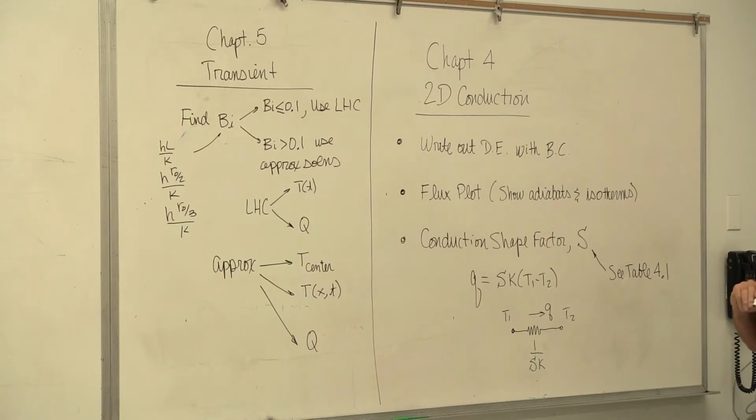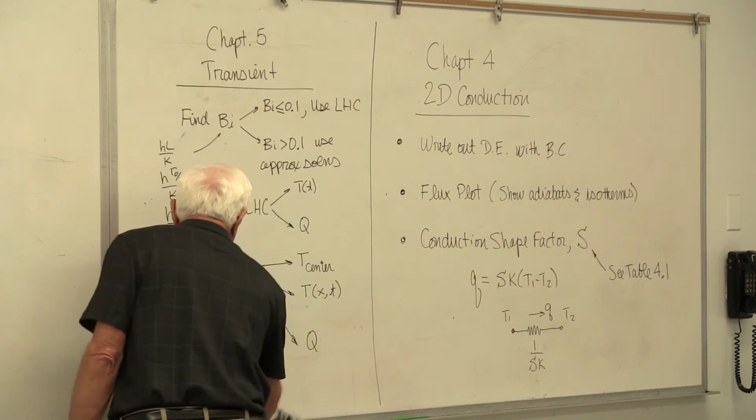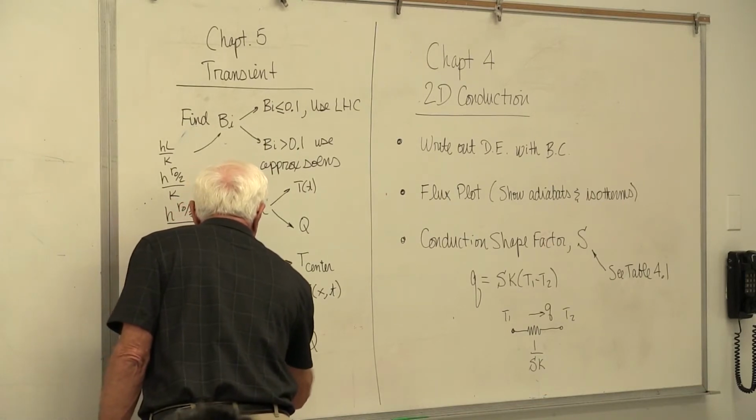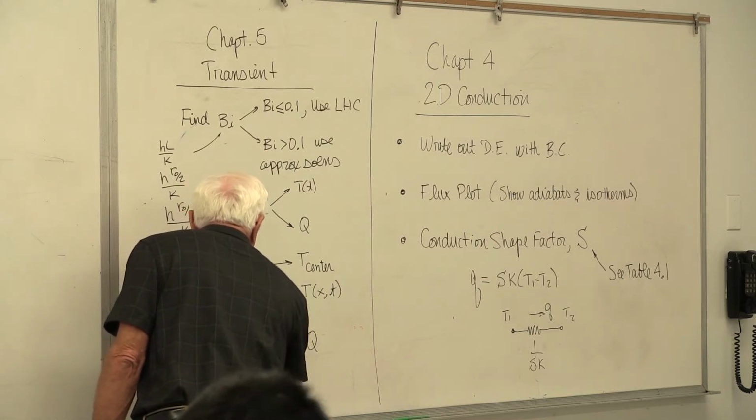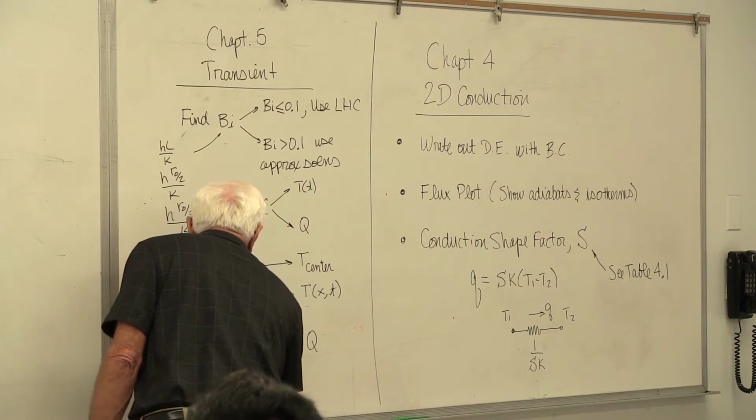So three equations there now. But there's three equations for each of these three things. There's one for plain wall. There's one for long cylinder. And there's also sphere.